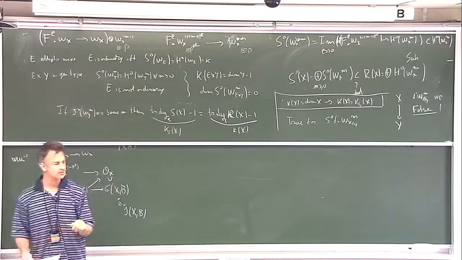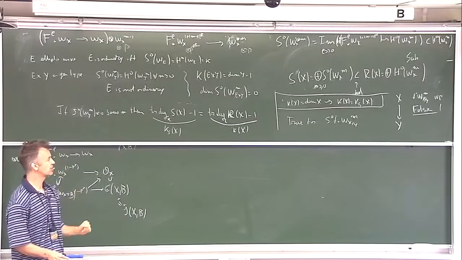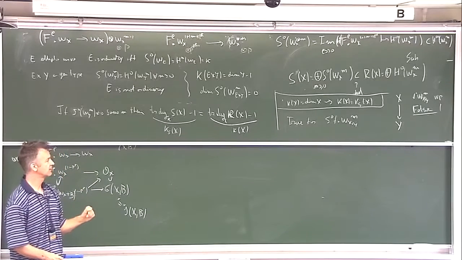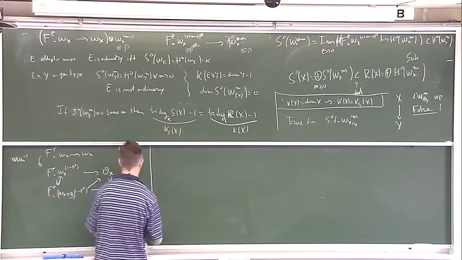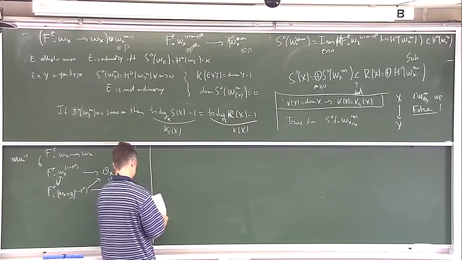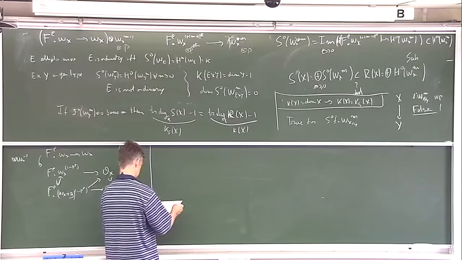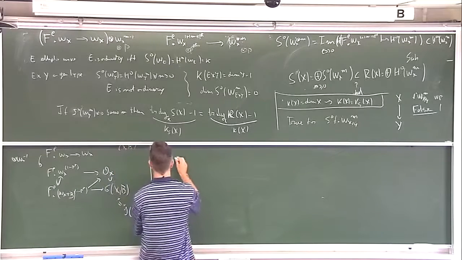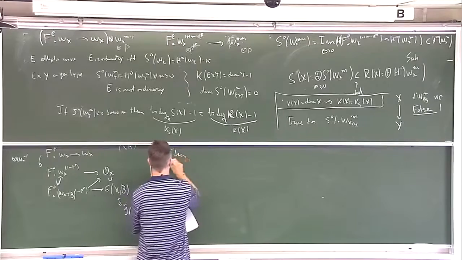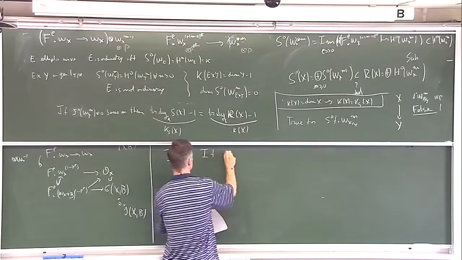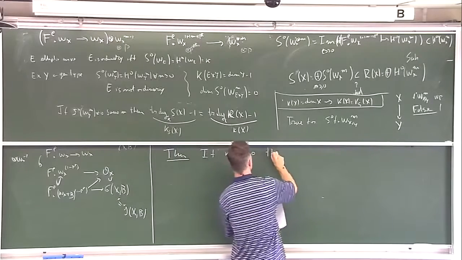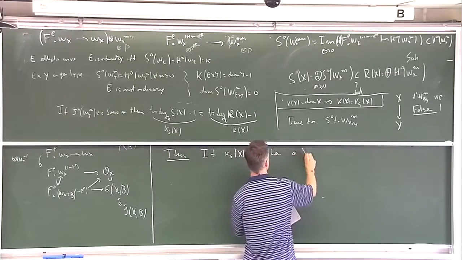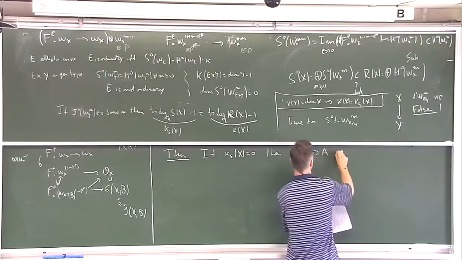Okay, I want to state one theorem which I won't prove, and I want to give you some idea about the linearity of these loci. So let me state the theorem. Theorem: if the stable quadratic dimension of X is 0, then the Albanese map is surjective.